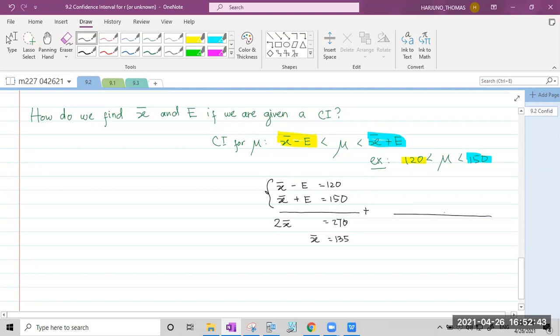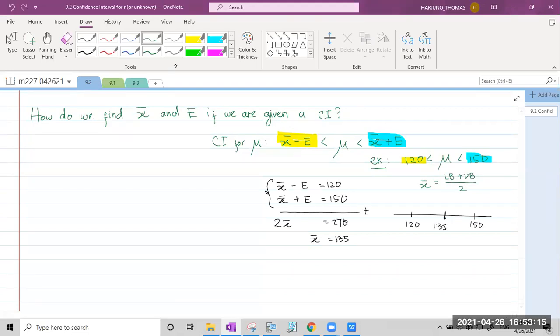So imagine this. This is 120, 150. Then the midpoint, right? That's basically the midpoint, will be 135. So you see, in general, the formula will be best point estimate equals lower bound plus upper bound of that confidence interval divided by 2.